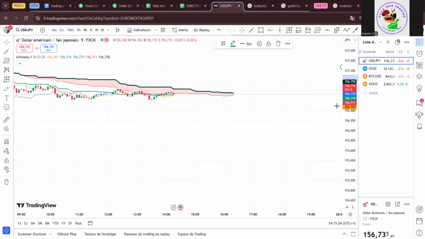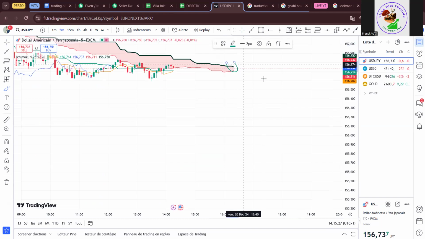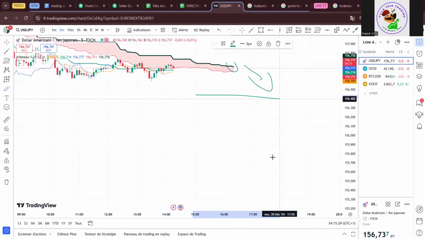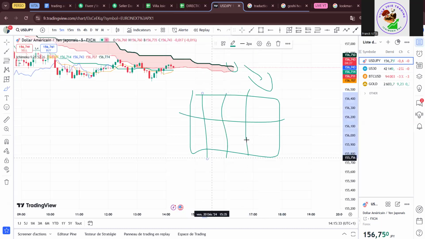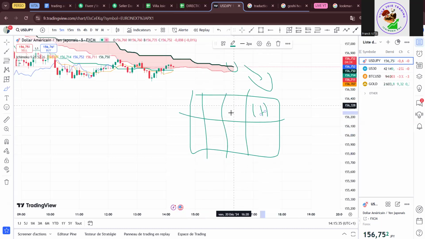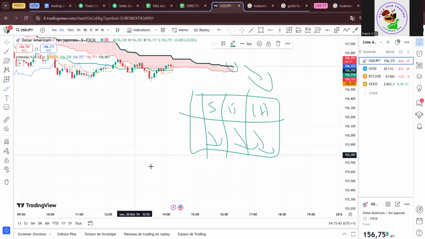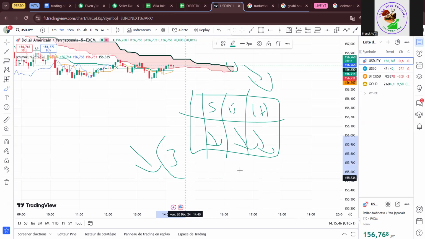And in 5 minutes we have a downtrend, right? SSB is inclined to the downside. So basically we have a pattern like this: 1 hour, 15 minutes, and 5 minutes. So we have all of the time frames aligned. We have downtrend three times, right?